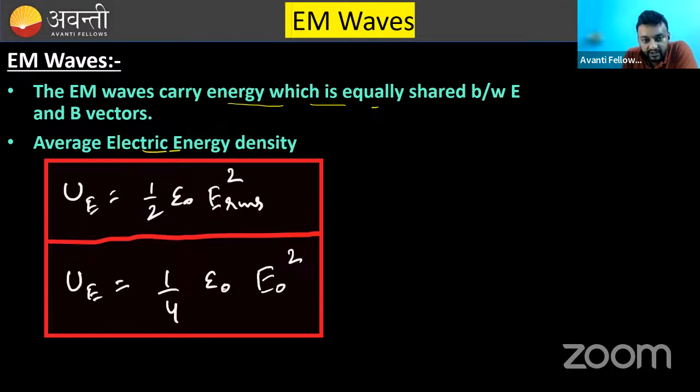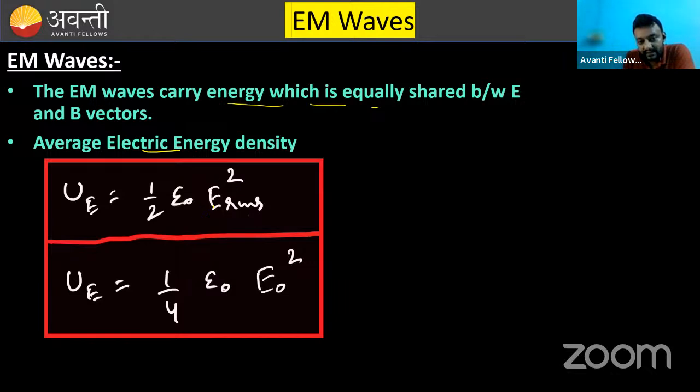The average energy density in the electric form is half epsilon naught E RMS square. Remember the expression half epsilon naught E RMS square. E RMS is the RMS value of electric field.